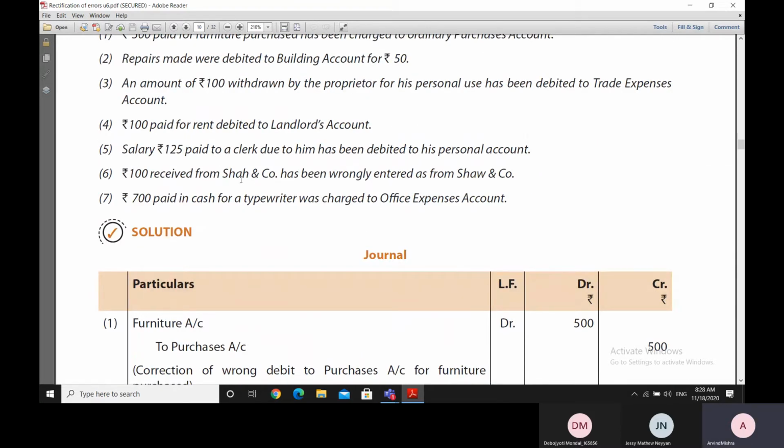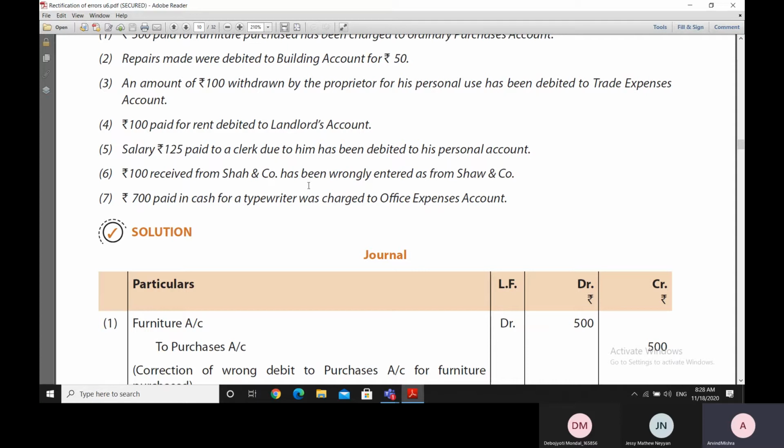Now, 100 rupees which was received from Shah and Company has been wrongly entered as being received from Shaw and Company. So by mistake, instead of the entry going to Shah and Company, the entry has gone to Shaw and Company. Now Shah and Company account has not been credited, it needs to be credited.